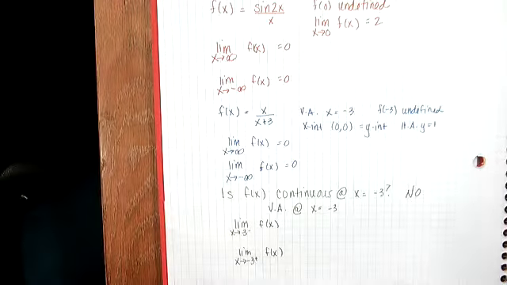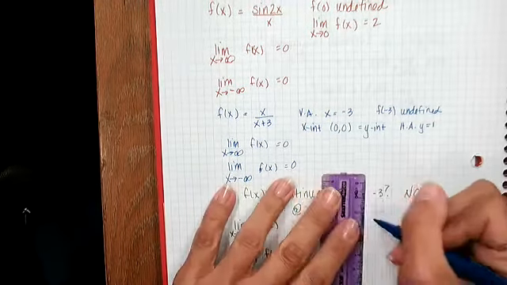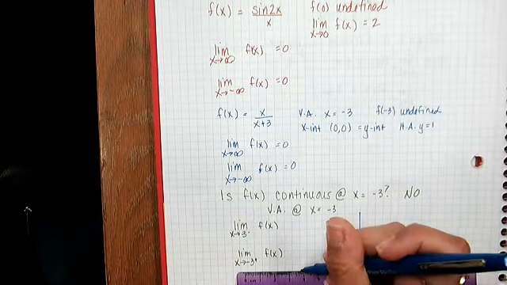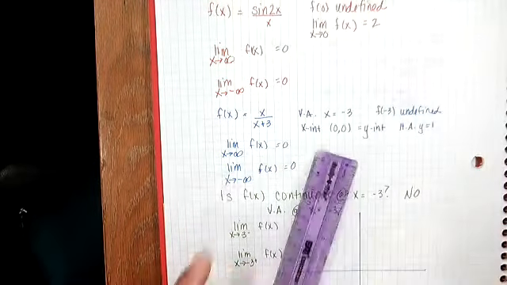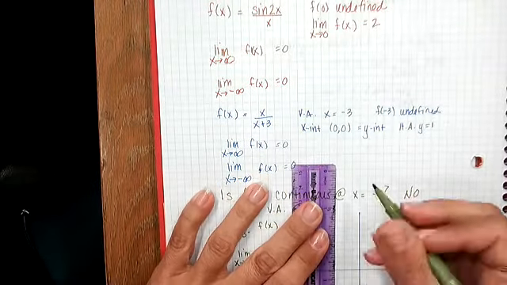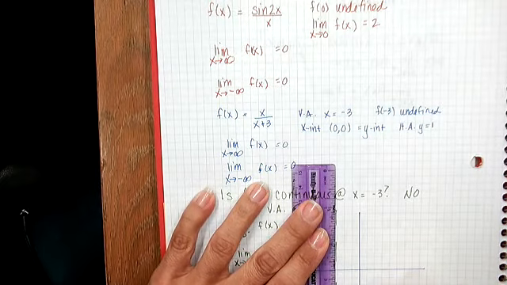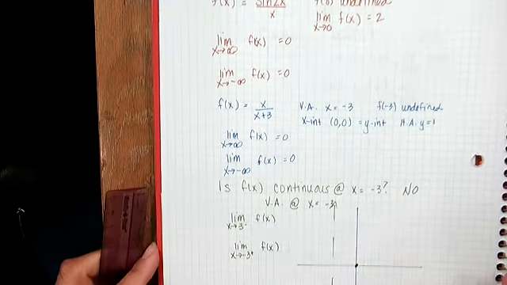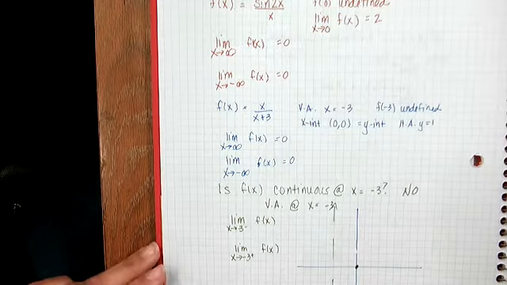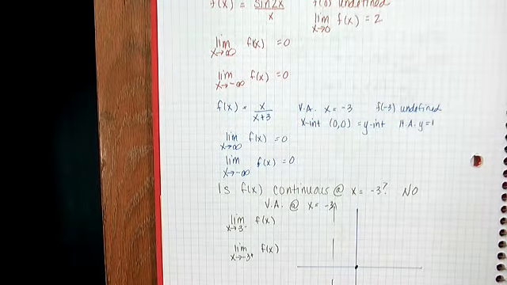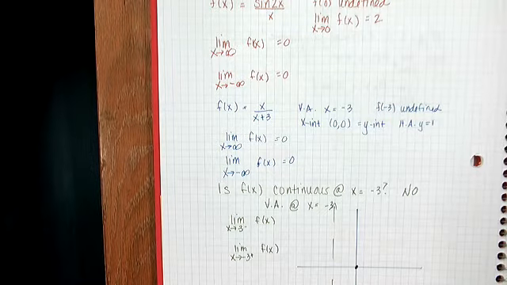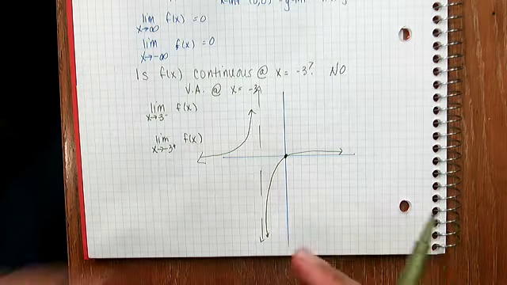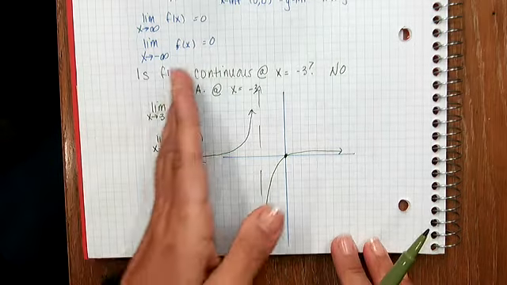And you know what, let's just do a really quick graph since we're here. There's a rough sketch. So I look at this and I say, okay, the left-hand limit exists.